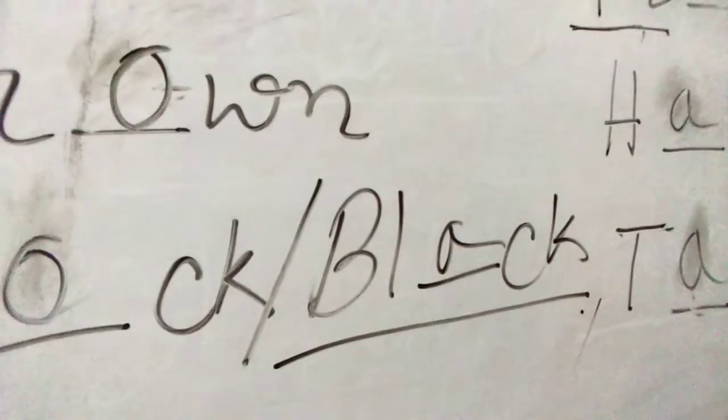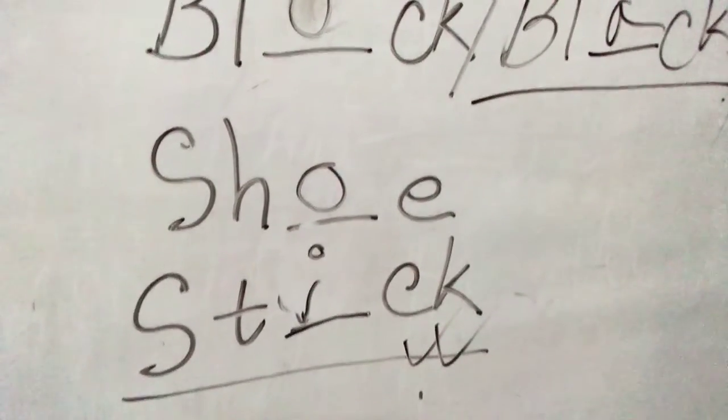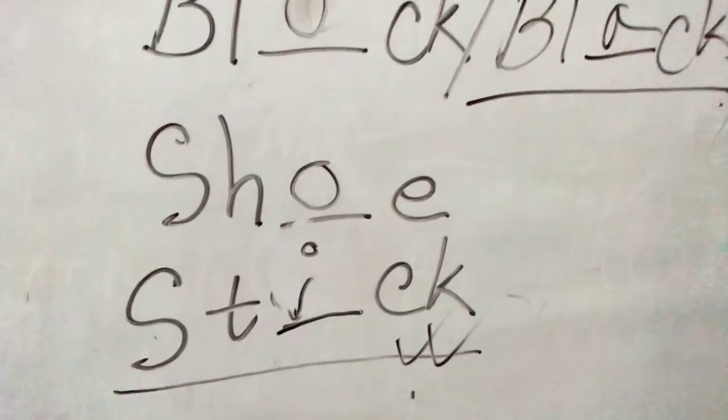Brown is also a name of color. B-L dash C-K. Now if I put O, it becomes block. Block means the bondage. Then B-L dash C-K, if I put A, it becomes another name of color, black. Okay, S-H dash E, if I put O, it becomes shoe. Shoe is a kind of wearing for legs.